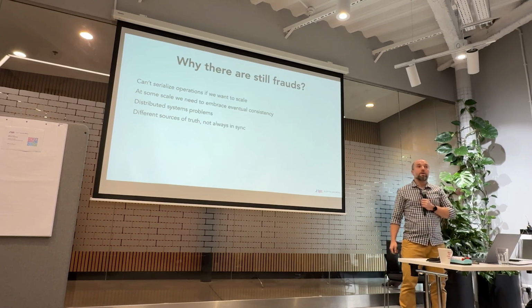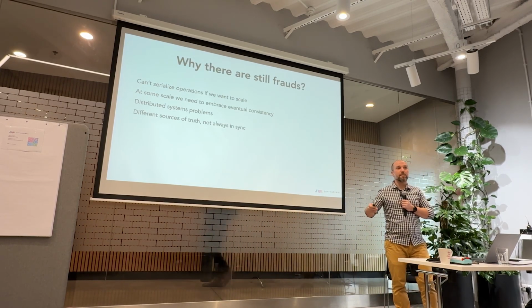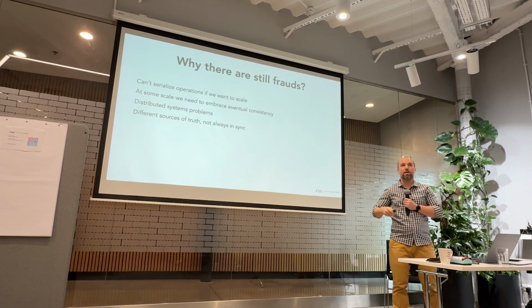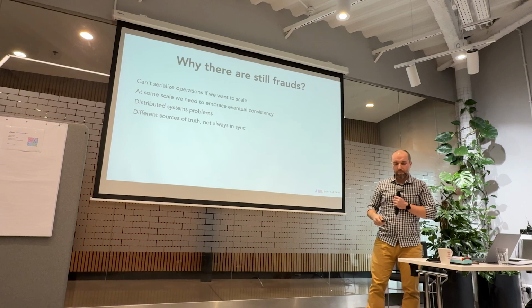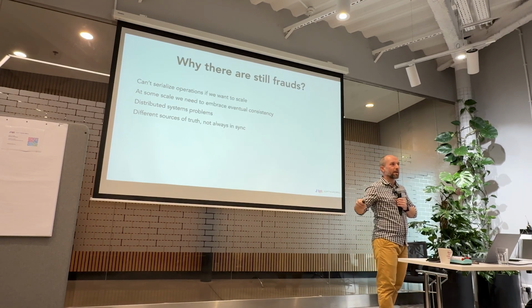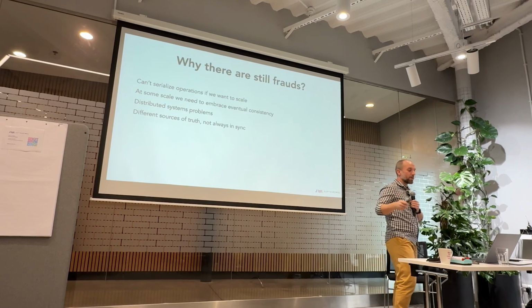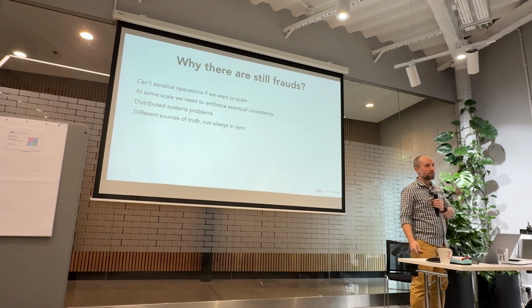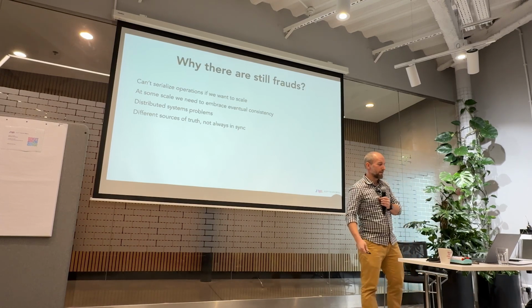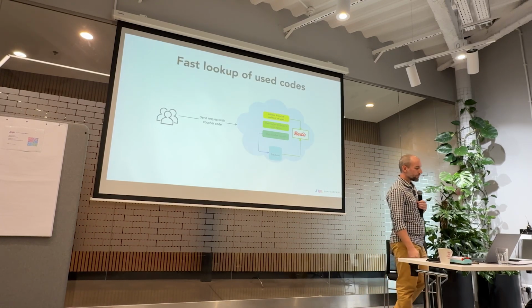Different sources of truth are not always in sync. As I said, the data source you use to check if the request is malicious may not be in sync with the data source that really operates on the codes and invalidates them, if they are different data sources, and even if they are the same, but you allow parallelization of requests.